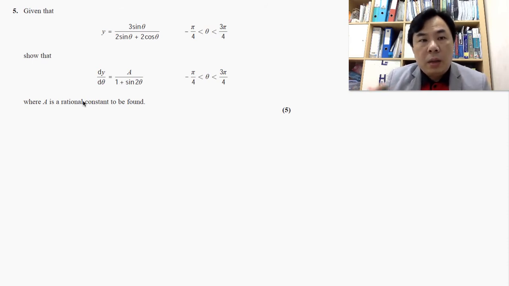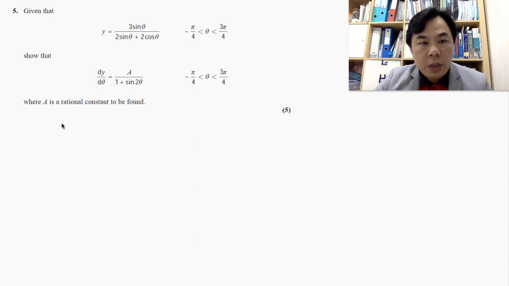There are many approaches that we can apply here to obtain the intended expression. The most direct method would be to apply the quotient rule. I'm going to show you how to apply the quotient rule and then obtain the intended expression.